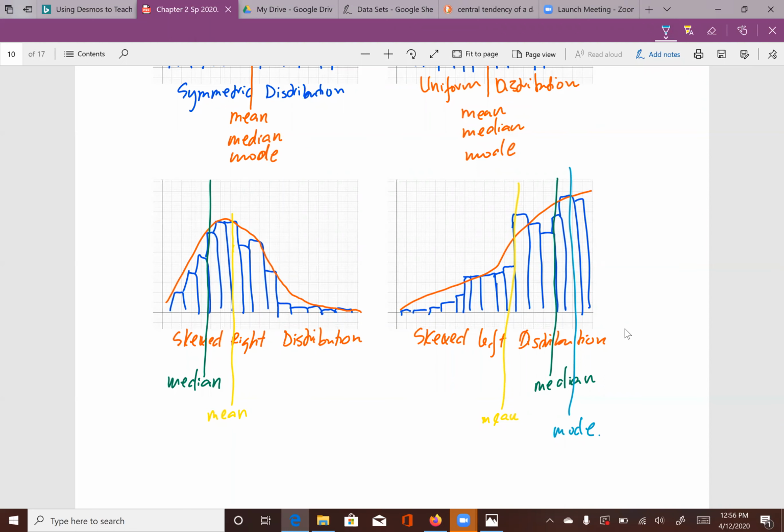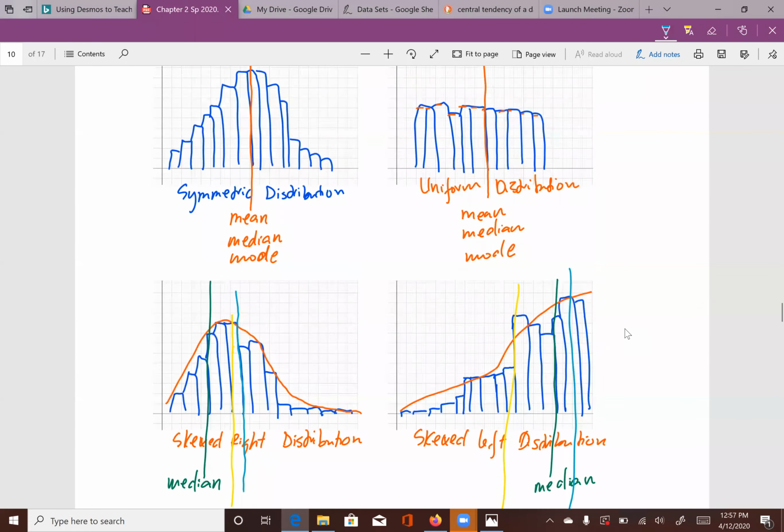And in the skew right distributions, the mode should be less than the median and the mean. In skewed distributions, the mean and the median can be affected by outliers and skewness, but the mean is the measure that gets affected most.